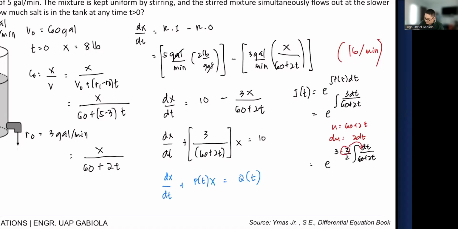So matitira is e raised to 3 halves ln 60 plus 2t. So since ln yan, pwede siya maging ln of 60 plus 2t raised to 3 halves. And then eventually, magiging it natin is equals to 60 plus 2t raised to 3 halves. So ang integrating factor natin is this value.